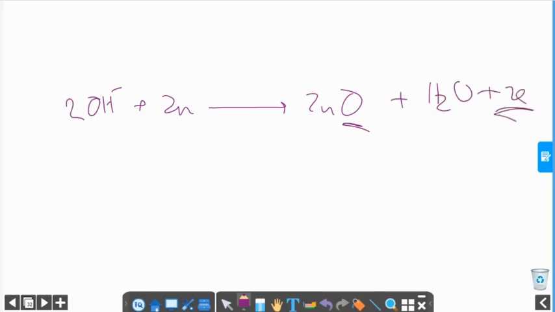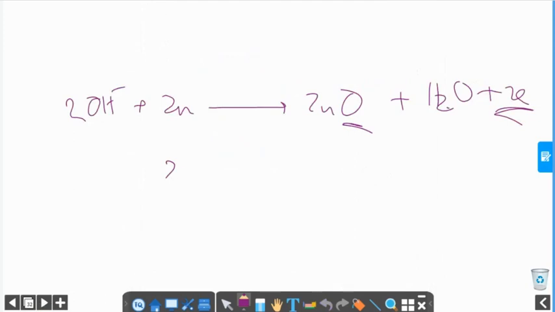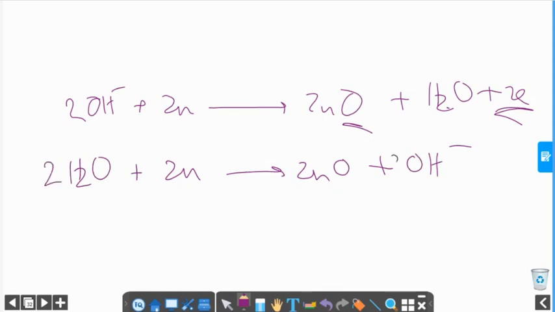And we know anode is oxidation. That's why the electron should be on this side. But if you add OH minus on the other side, you might think, why can't I add OH minus on this side and then add water on this side to balance this? You might say this is also possible. Then let's see whether you can balance these 2 oxygens this way.